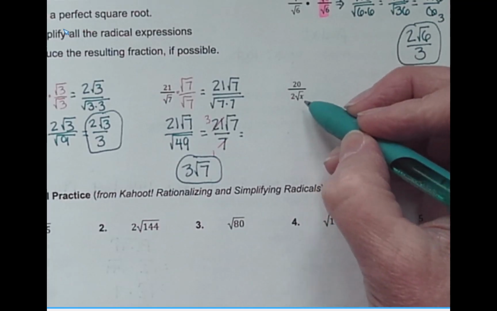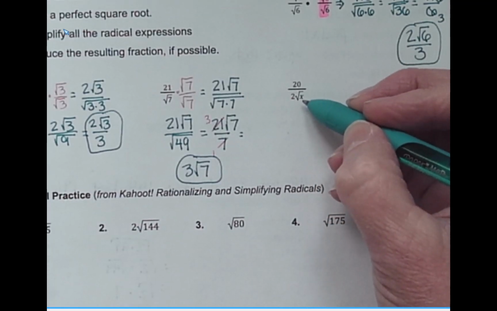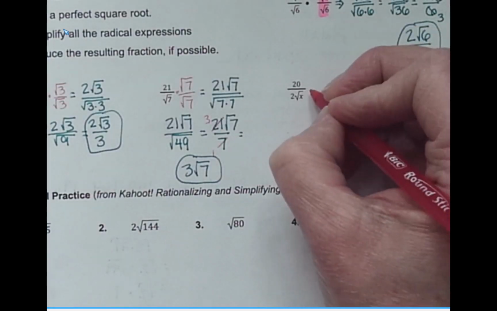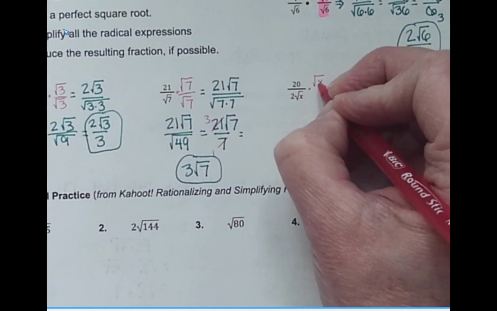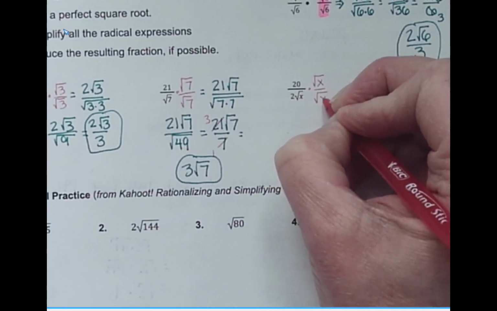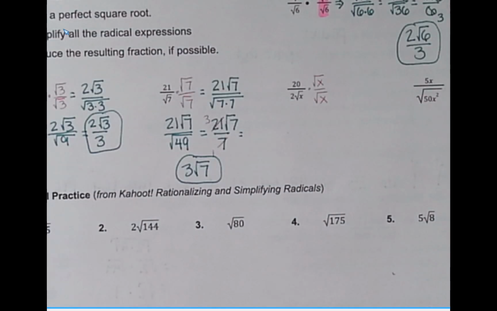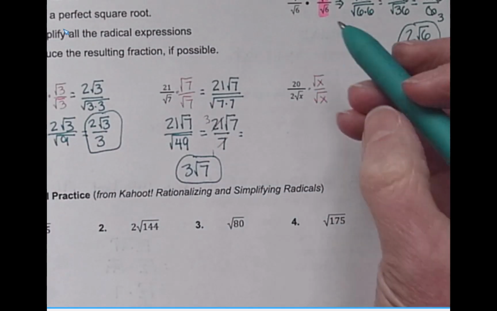Again, I want to take a look at what would happen if I had a variable as the radicand. Same thing we've been doing. Just going to multiply by a fancy 1. It just looks like the square root of x over the square root of x. And as long as x does not equal 0, we're all set.